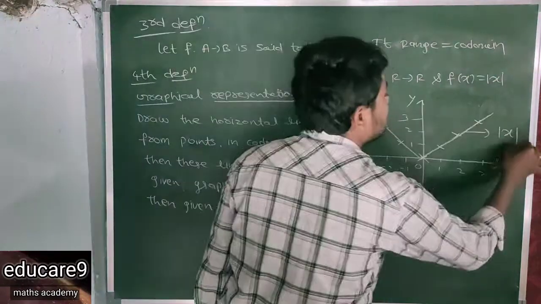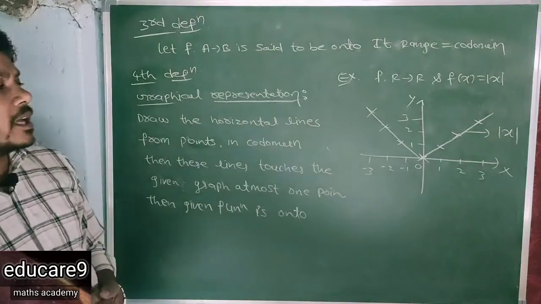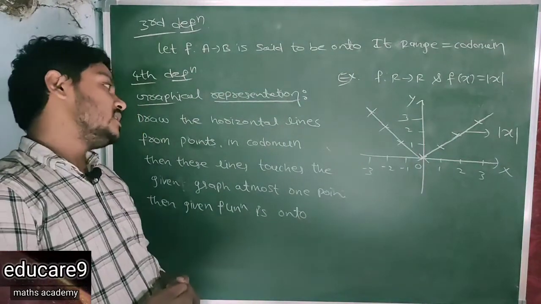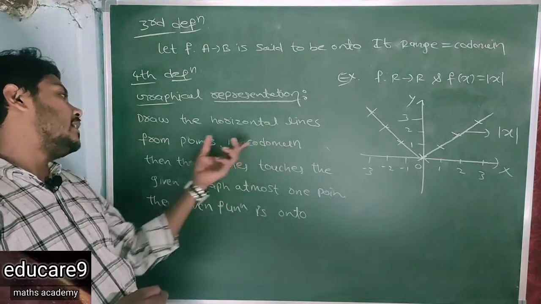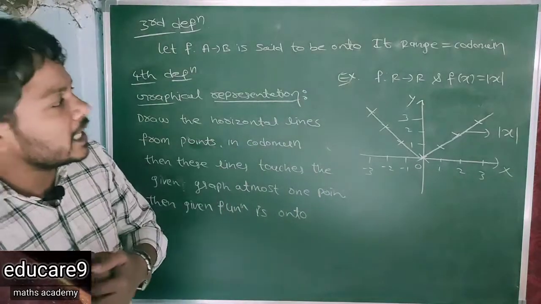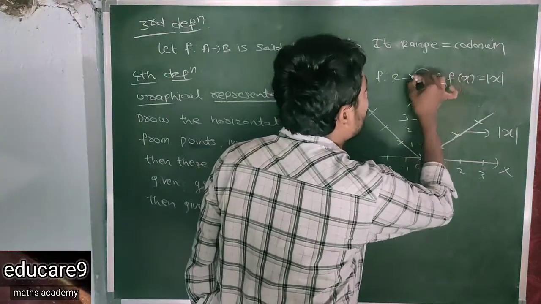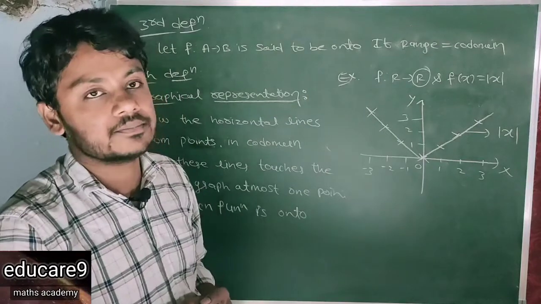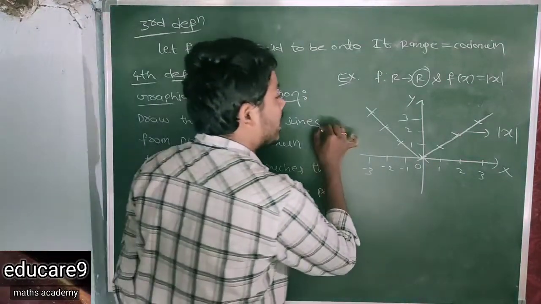See here. For this, we have to draw the horizontal lines. Those horizontal lines are taken from points in the codomain. But here, what is the codomain? Codomain is the real numbers, so those are y values. See here, draw the horizontal lines.